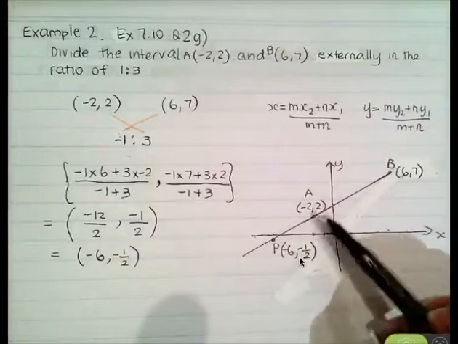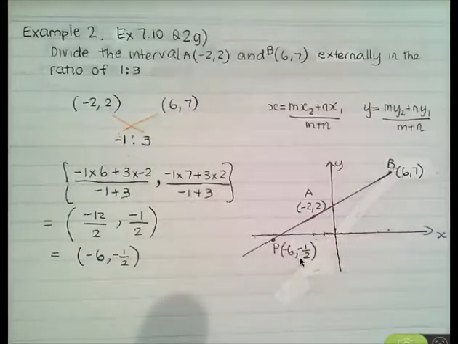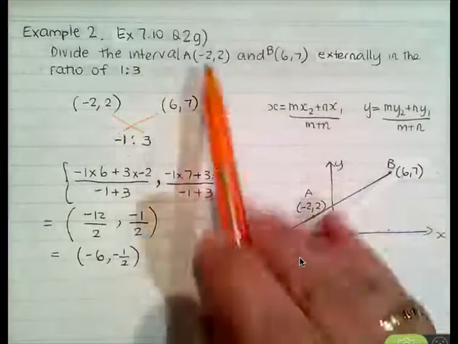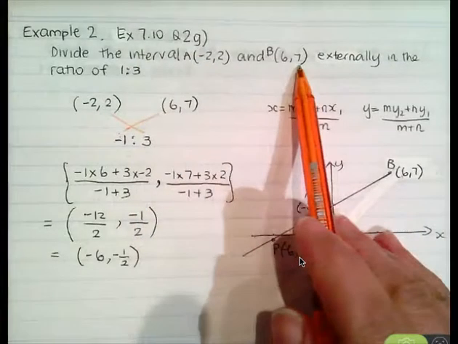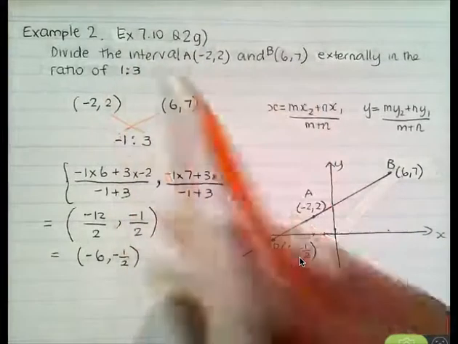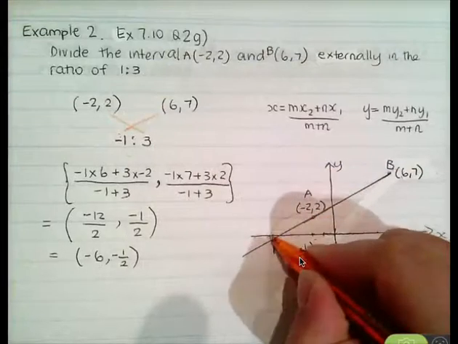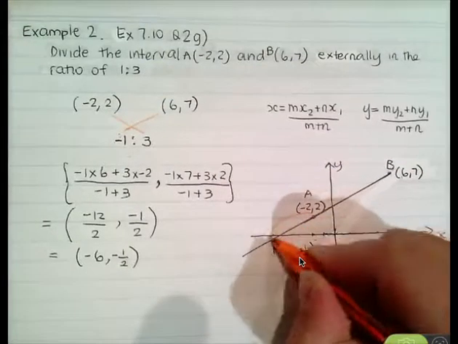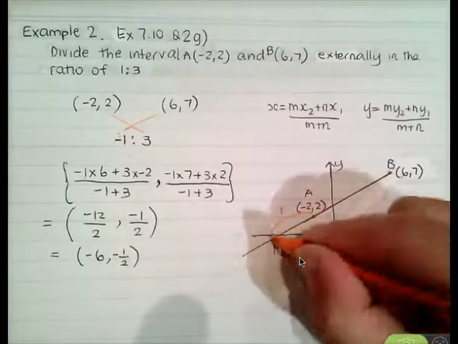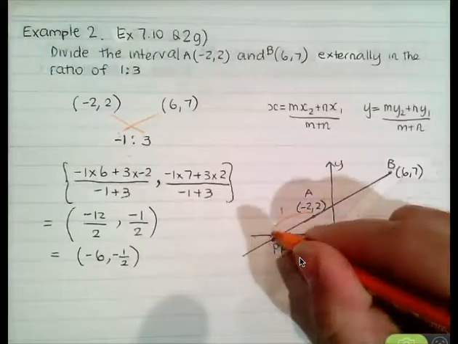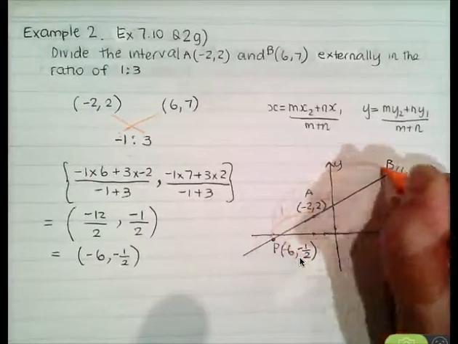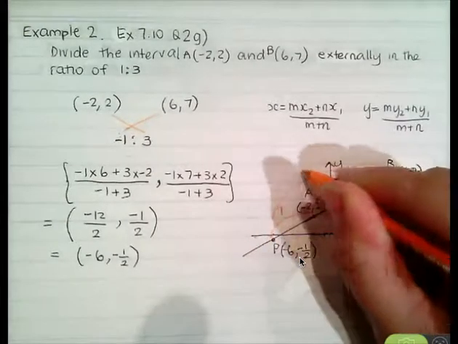Now, I'll show you the 1 to 3 on this diagram. Remember, if this is point A and that's point B and it's divided externally in the ratio of 1 to 3, then we go from A to P, that ratio is 1, and from P to B, this ratio here will be the 3 part.